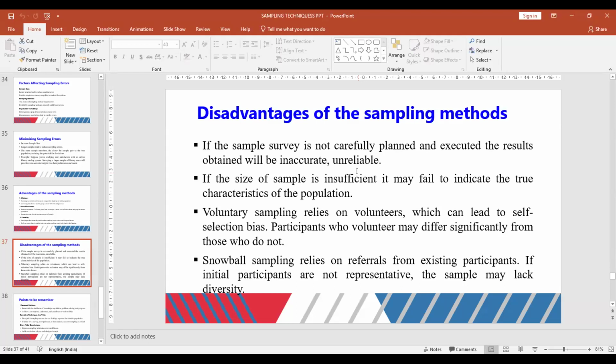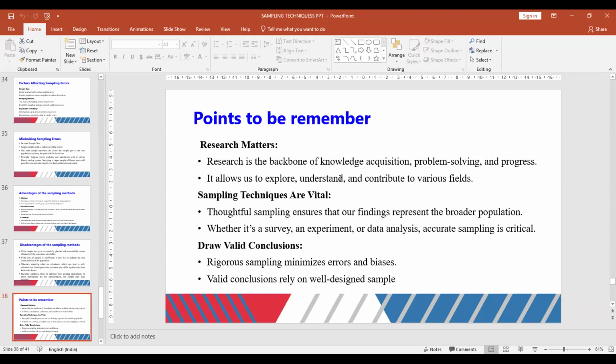So, fellow LIS professionals and budding scholars, when you plan and execute sampling, what points should be remembered? Regarding research matters, always know that we collect data for research.